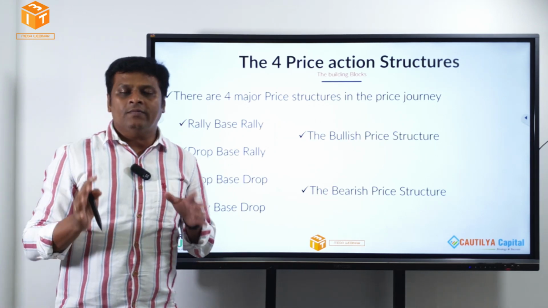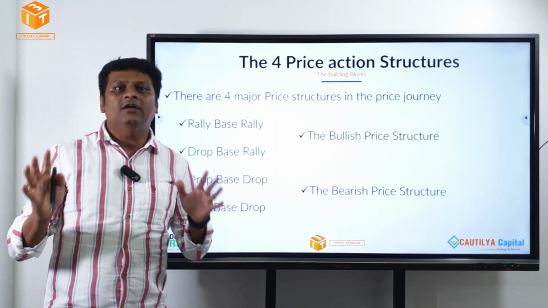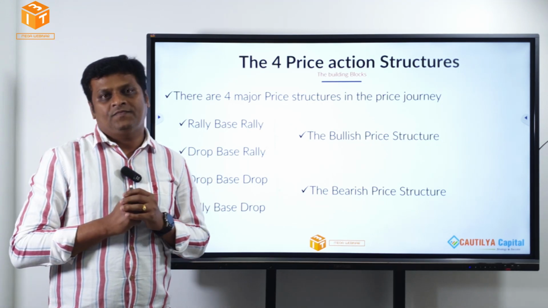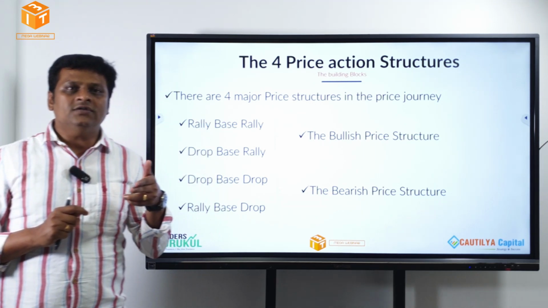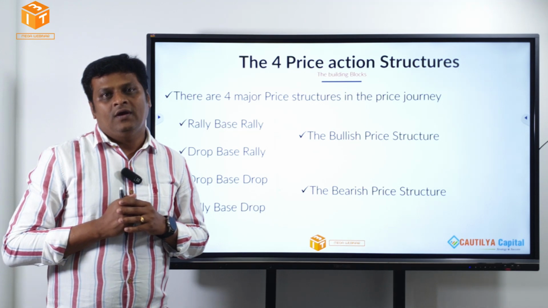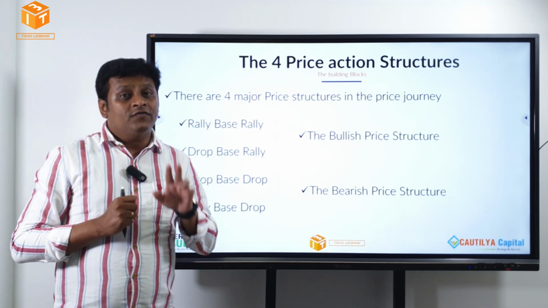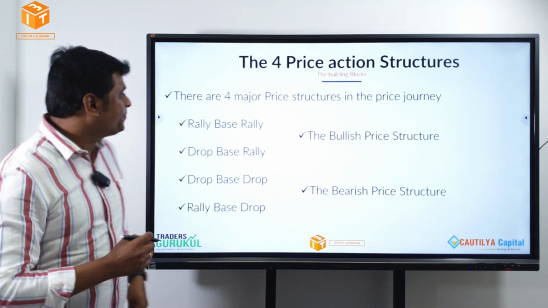So friends, there are fundamentally four price structures in the entire price action theory. It comprises of two continuation structures and two reversal structures. It comprises of two bullish structures and two bearish structures. Which are they?